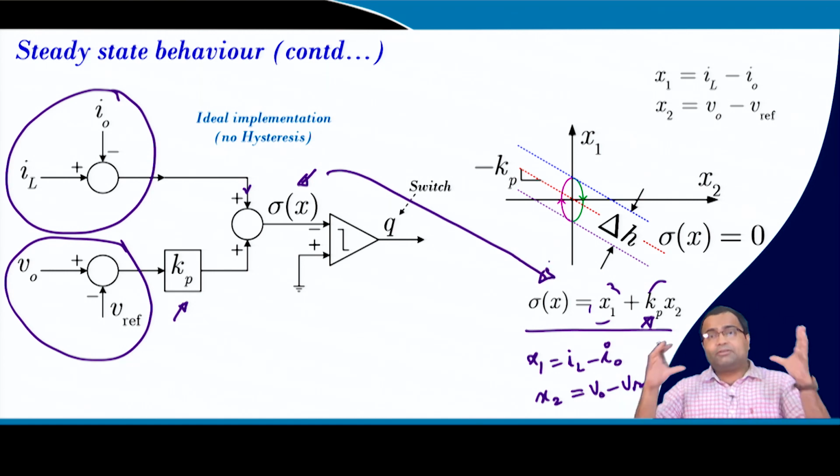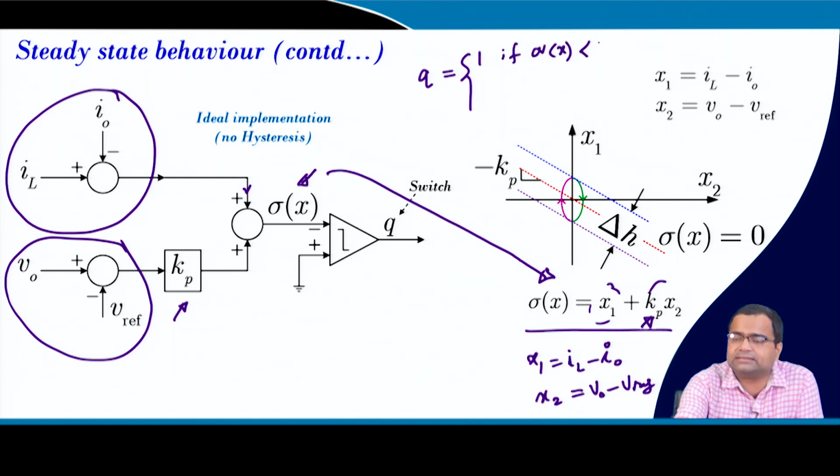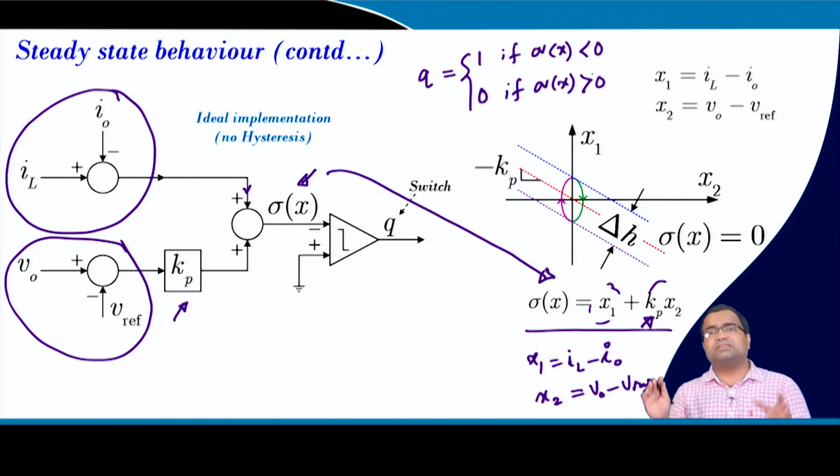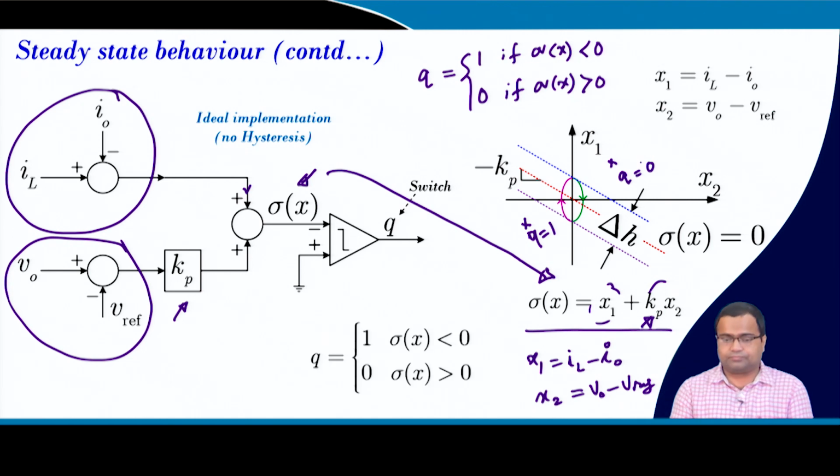Now, what is our switching logic? Here the switching logic is this: Q will be equal to 1 if sigma x is less than 0, or it is 0 if sigma x is greater than 0. That is my switching logic, because that means on this side I will take Q equal to 1 and on this side I will take Q equal to 0.